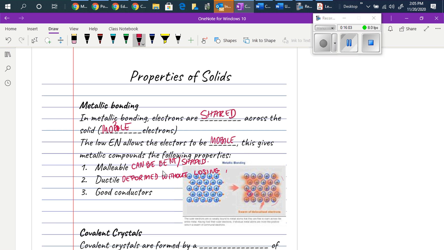They are strong. And they are good conductors. They can carry, they can conduct heat and electricity.